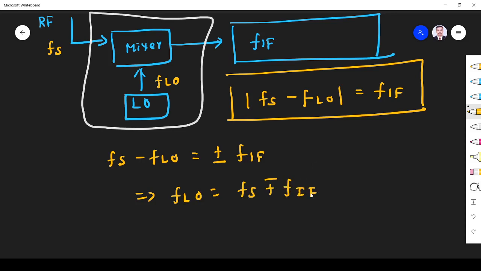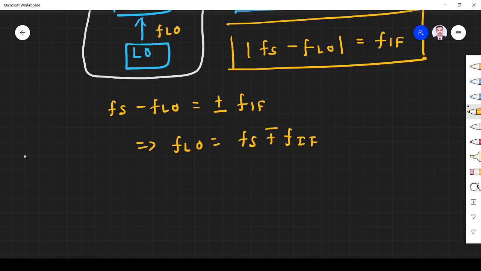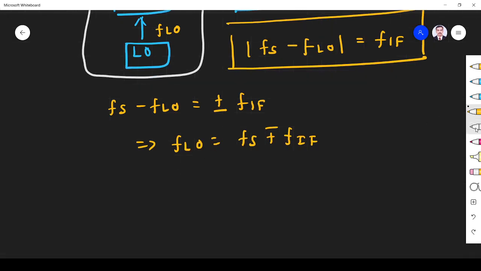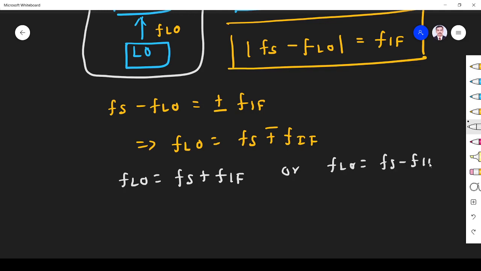So my FLO will have two possible values: either I can tune to Fs plus FIF, or FLO may be Fs minus FIF.